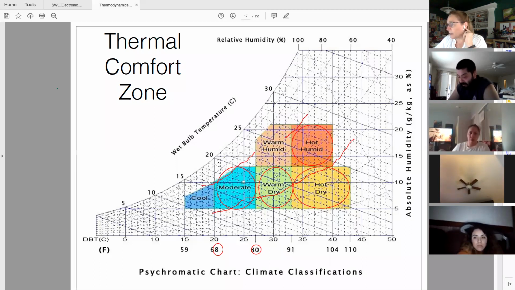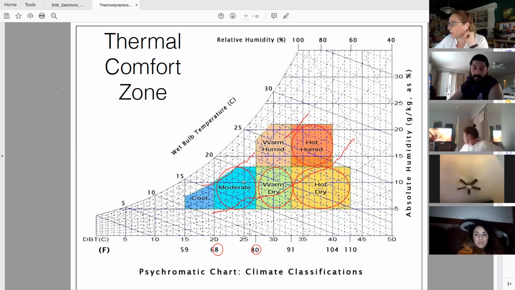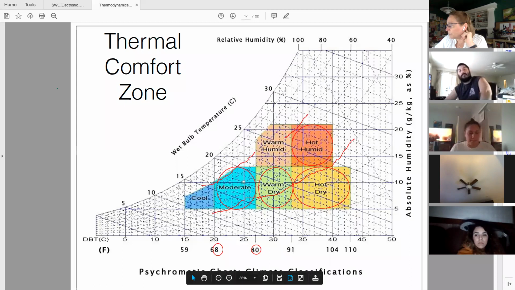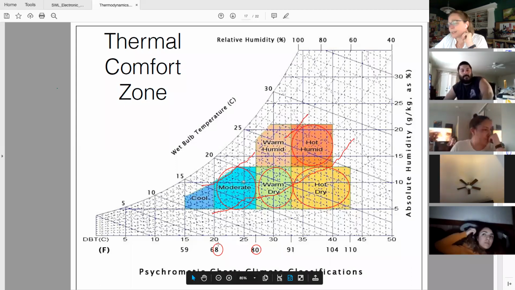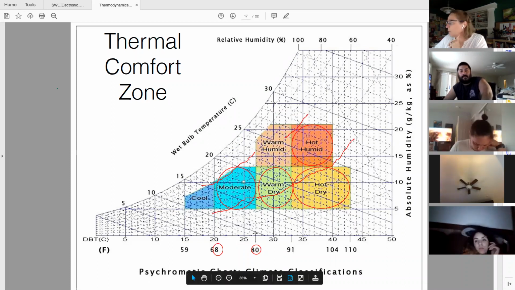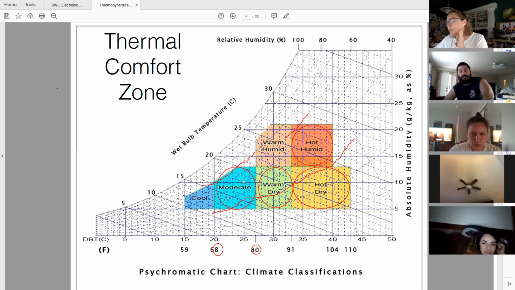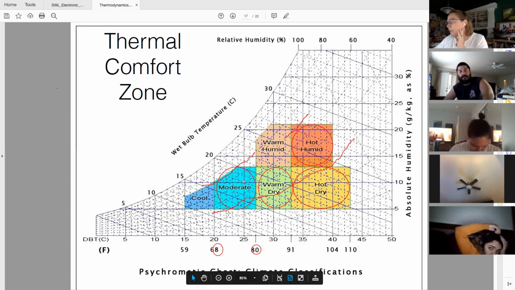This is your sweet spot right here. And if you think about it on your thermostat in the summer, you are usually setting your thermostat for air conditioning less than 70. And in the winter, you are setting your heater to be greater than 70. You could set it at 80, but I usually set my heater at around 72.